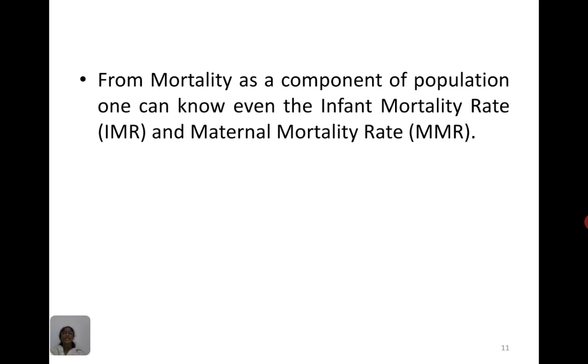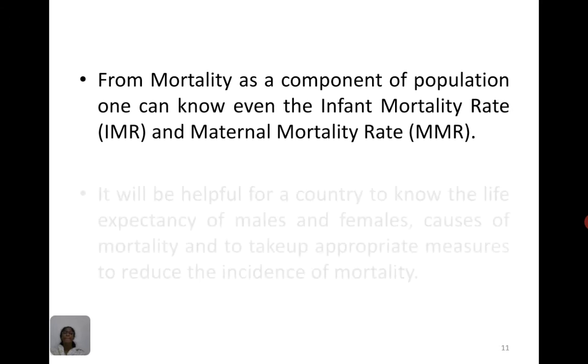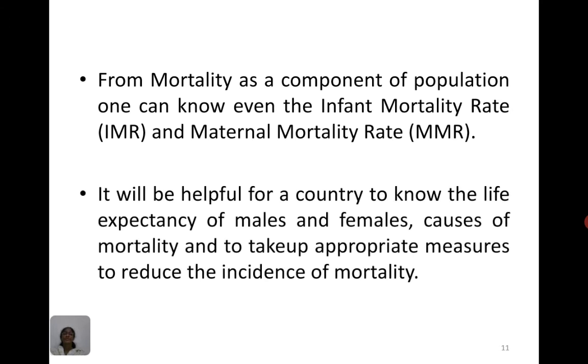And maternal mortality also results due to malnutrition, anemia, and negligence on the part of the women towards their health, or even due to lack of timely treatment and medical services.